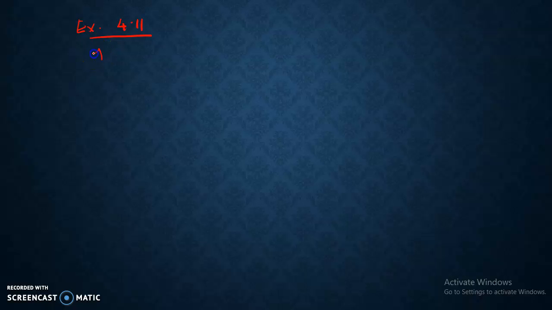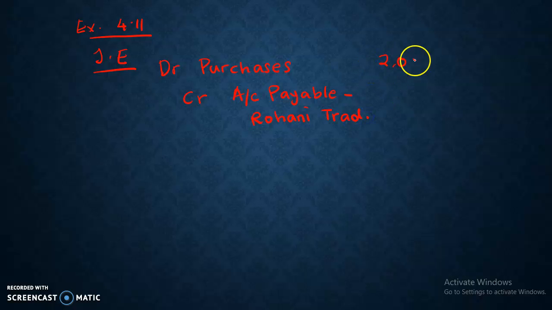So the journal entry for this example will be debit purchases and credit payable account, which is Rohani Trading, amount 2,000. So this will be the journal entry.